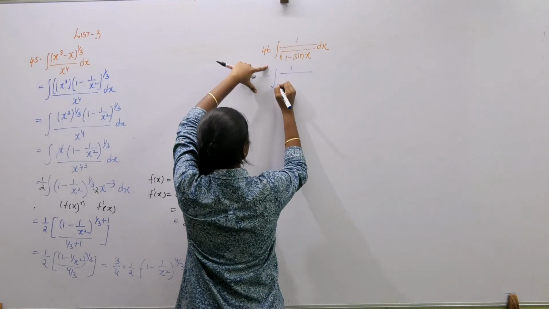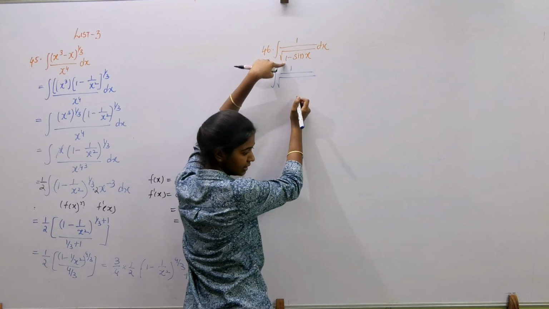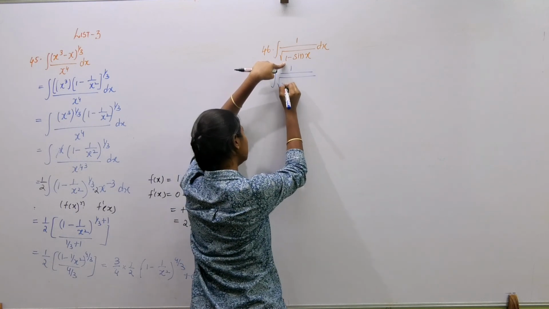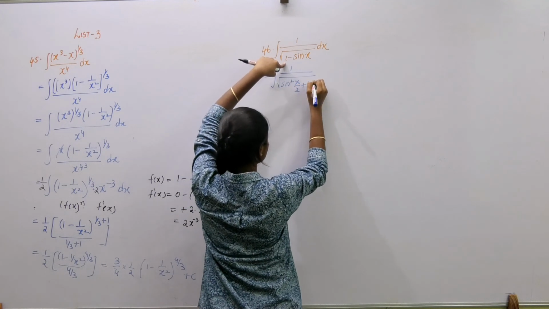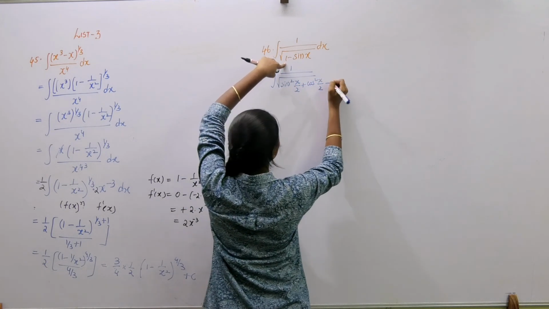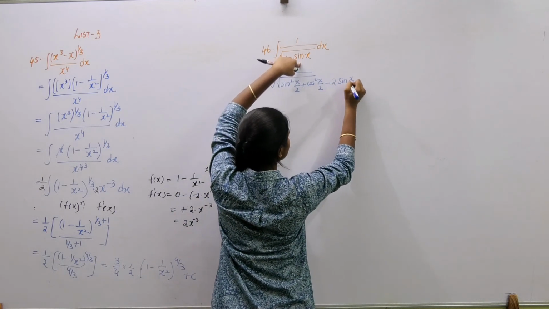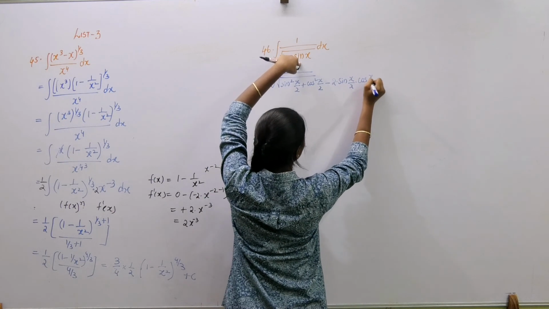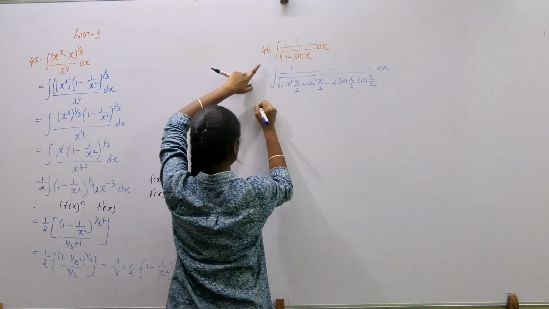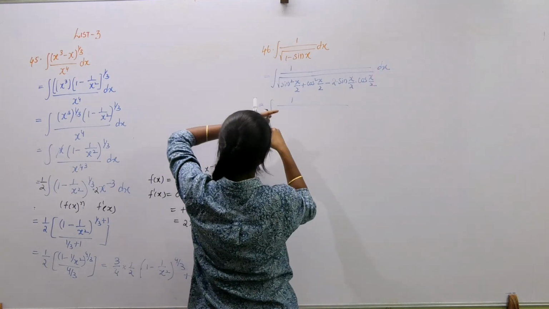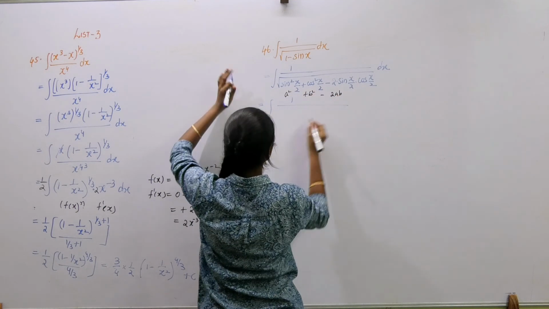Next, 46th one. Integral 1 by square root of 1 minus sin x dx. We can write this as square root of, in the place of 1, using the identity sin square theta plus cos square theta is equal to 1, substituting sin square x by 2 plus cos square x by 2 minus, in the place of sin x, 2 sin x by 2 into cos x by 2 dx. It is equal to integral 1 by, this is in the form of a square plus b square minus 2ab.